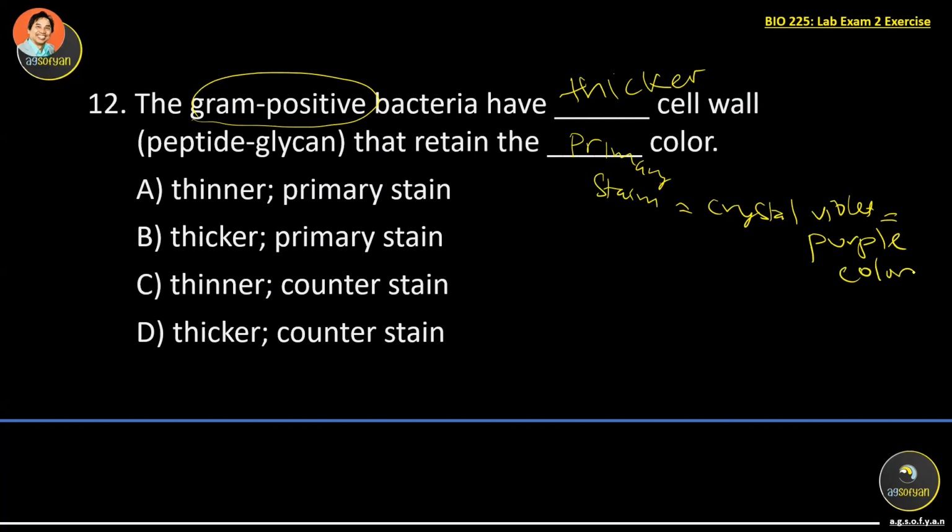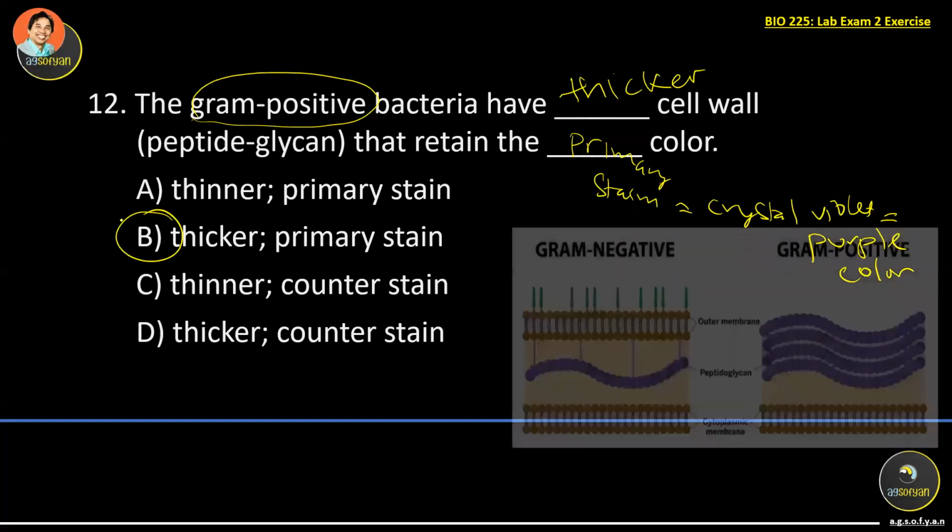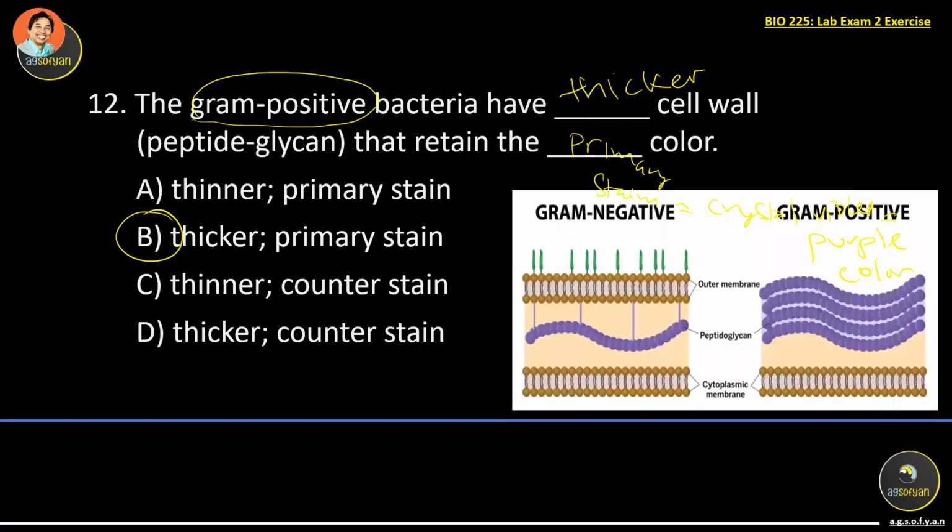Okay, so it's thicker and retains the primary stain. Okay, so this is gram positive. You see it's purple. Okay, and then gram negative, it is red color. And you see this one, the gram positive bacteria has thicker cell wall, while the gram negative, it has thinner cell wall.